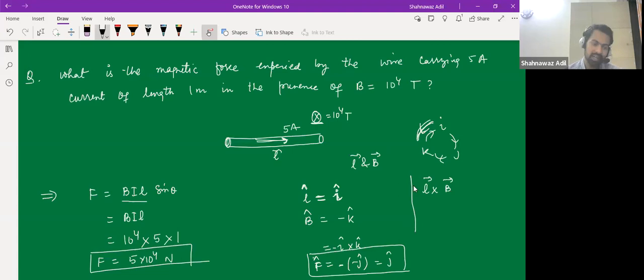And if we check it with the Maxwell thumb rule, so if we put our palm in the X direction and the palm is pointing towards the inside direction, and we curl our fingers, what is the direction that it is giving? You guys check and tell me.